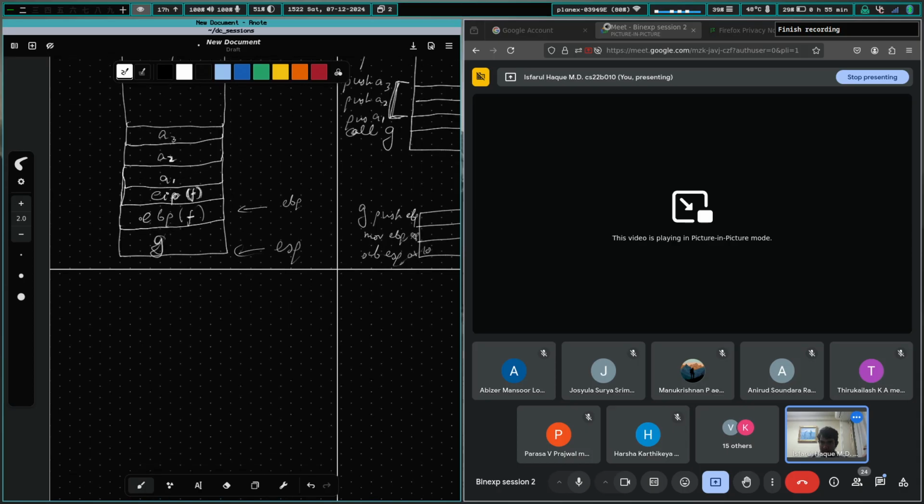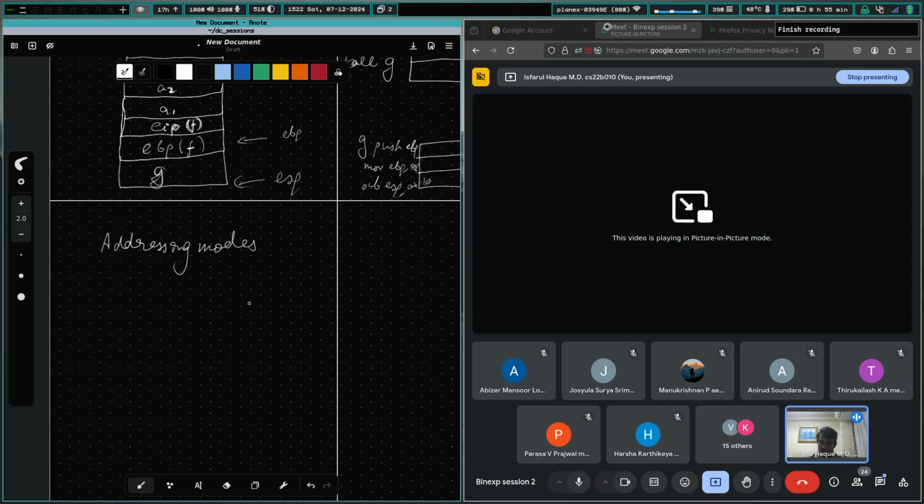So first of all, you need to know something called addressing modes in assembly. If you ever see an instruction like push EBP, this means you write the value of EBP.